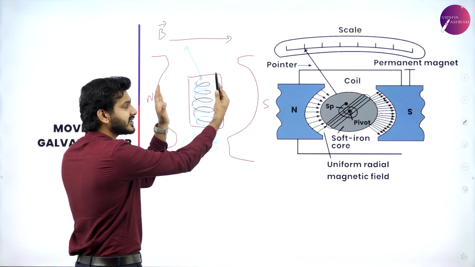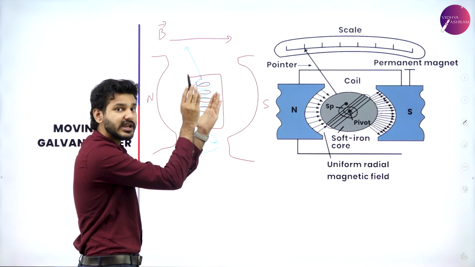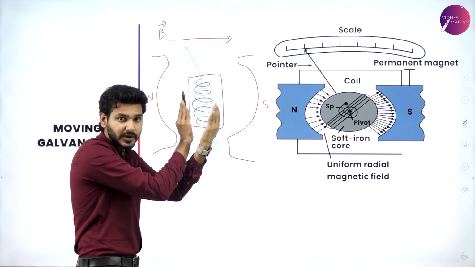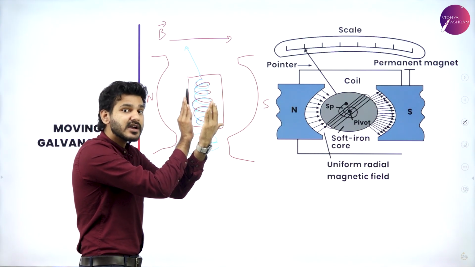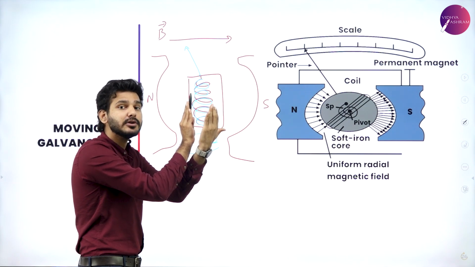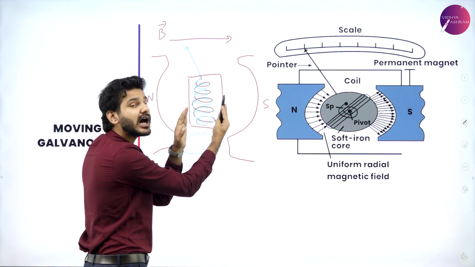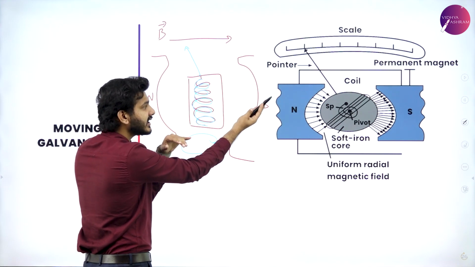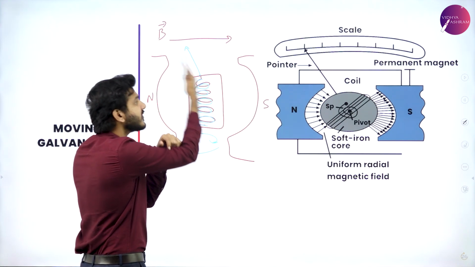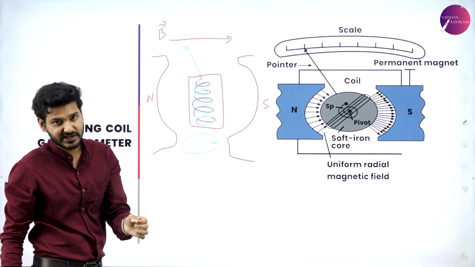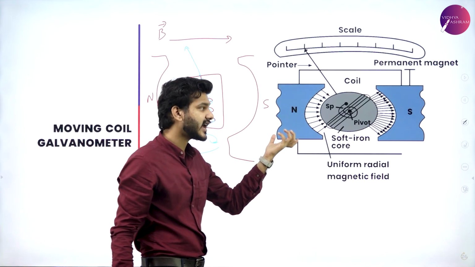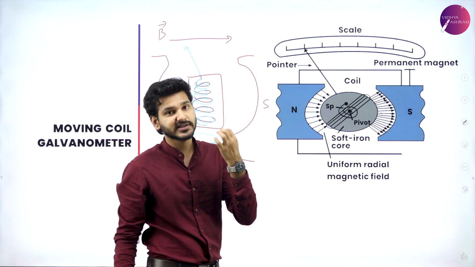So initially this was the state, it experiences a torque, it rotates, the spring winds up. And when the current flow is cut off, the spring is free to exert its own torque and it unwinds. So the needle will come back to its initial state. We achieve that using a basic, simple physics principle.